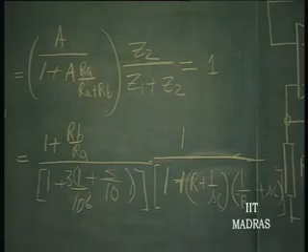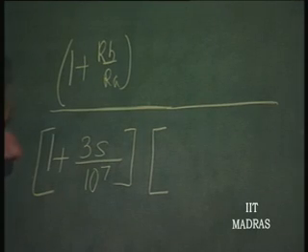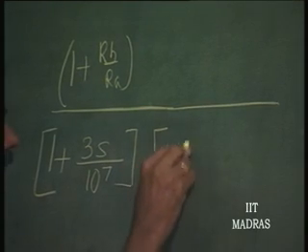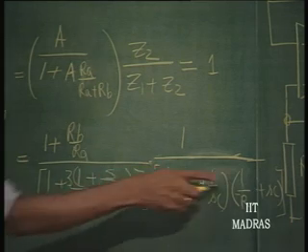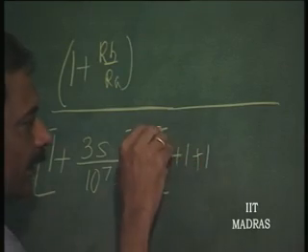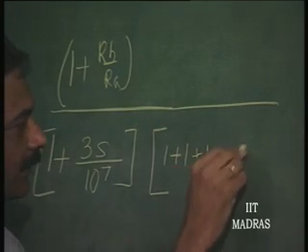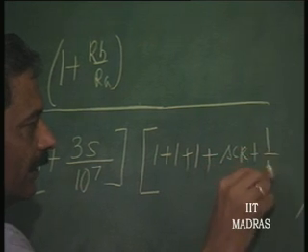Okay. This is the contribution of this part of the denominator. This is going to be represented as 1 plus 1 plus 1, 3 plus SCR plus 1 over SCR.